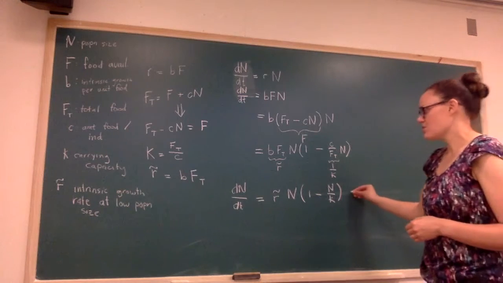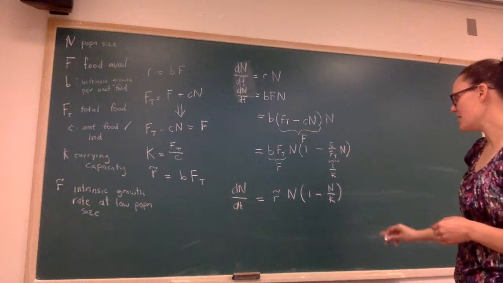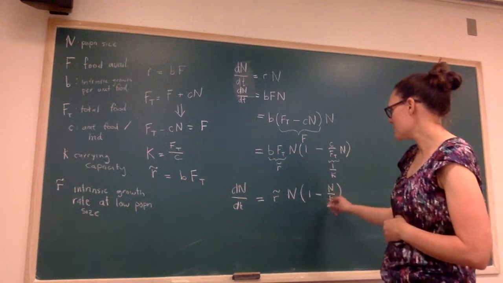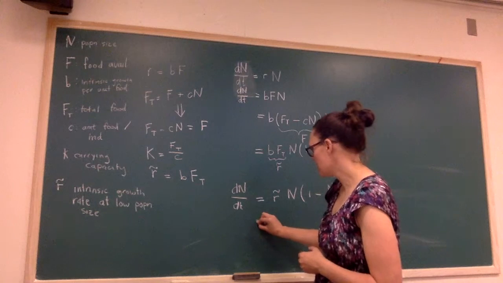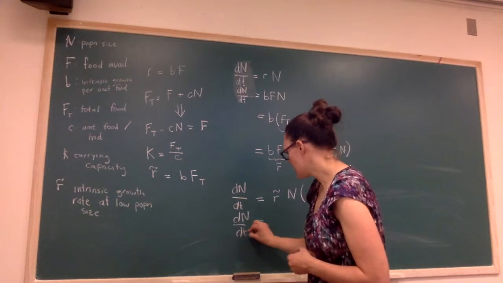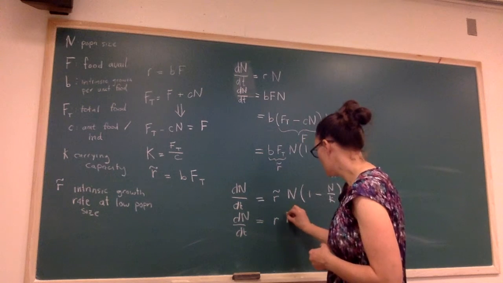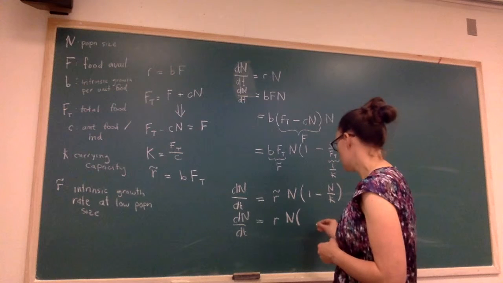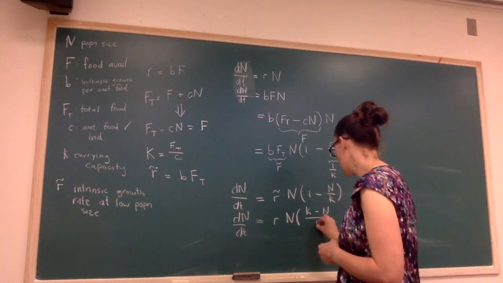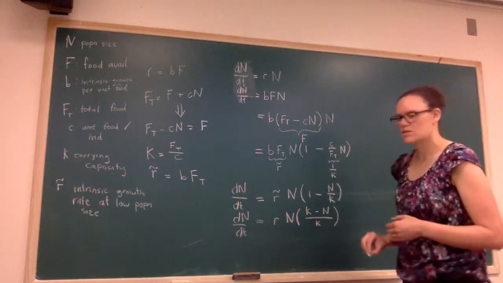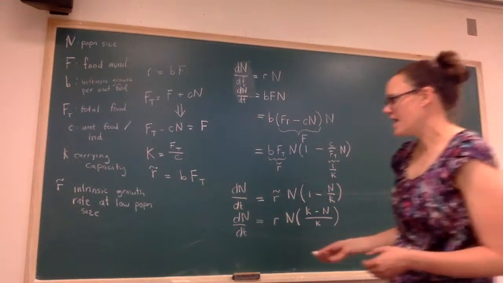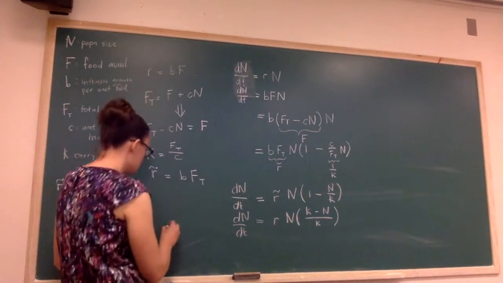So this is our logistic growth equation, and in your book they rewrite it slightly, so they just write this part in the bracket as a common denominator. So in the book they write dN/dt is equal to r n, and then it's K minus n divided by K. So that's just putting everything that's in the bracket under a common denominator, and also it's just a change of notation.